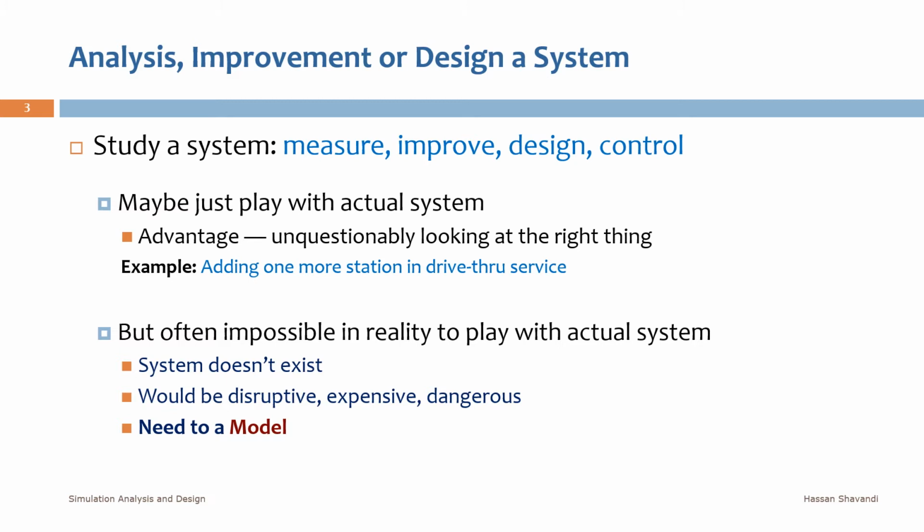And then we may need to design a new system. We don't have it, we need a new system, but it doesn't exist, so we need to design that system based on the needs that we observe. And in any system, we need to control the operations and the process of the system. Because of all these needs, we need to study a system.